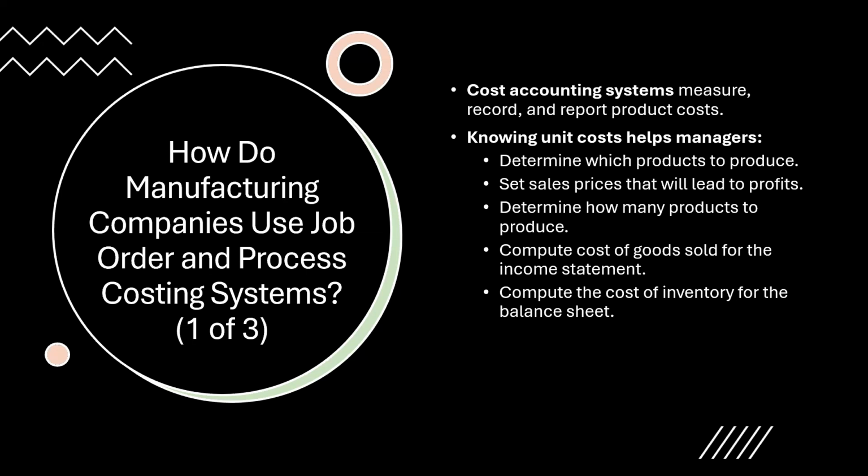Well, a manager's core responsibilities revolve around planning and controlling. Now, cost accounting systems gather detailed information on product costs, enabling managers to accurately determine the cost of producing each unit. Now, this knowledge is essential for several key managerial functions.